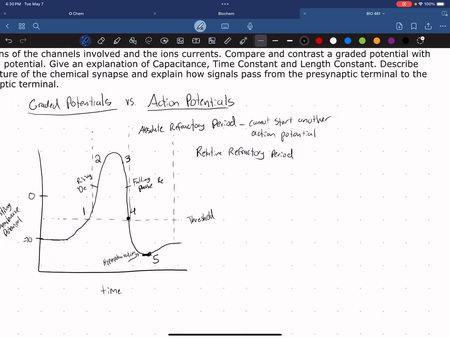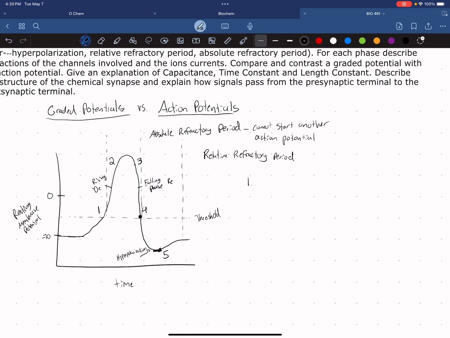So I'll go ahead and write these out. So what happens at number 1 is a graded potential, which is what it starts as, reaches threshold.